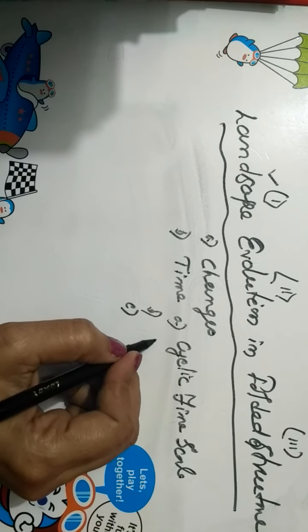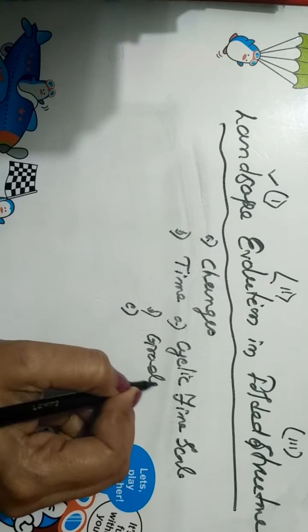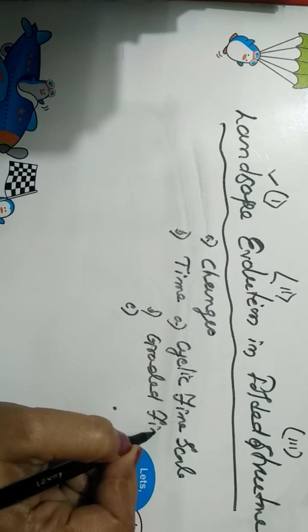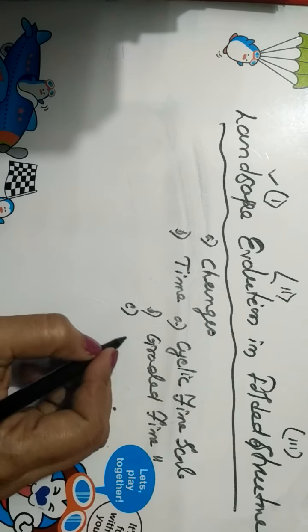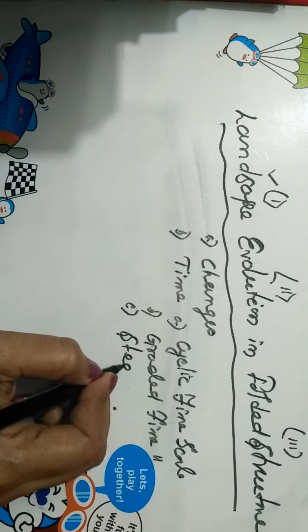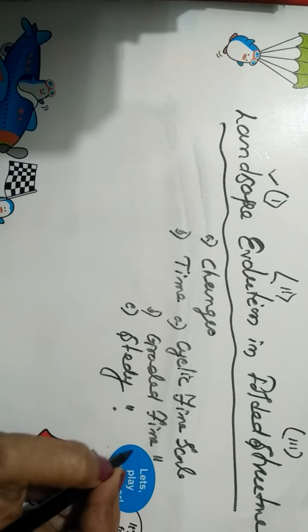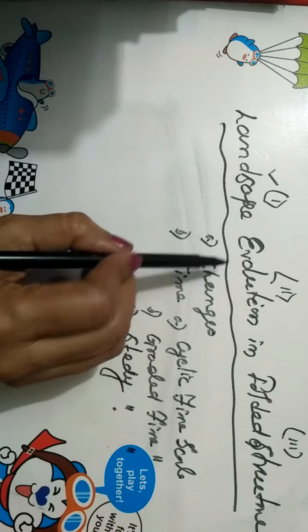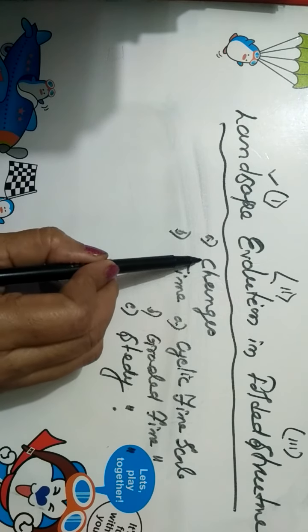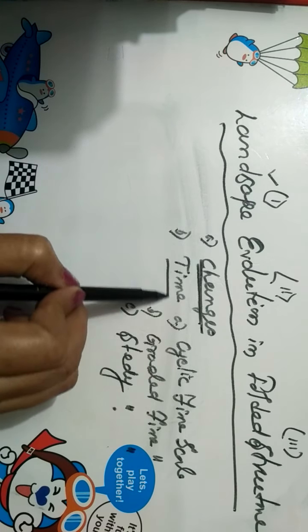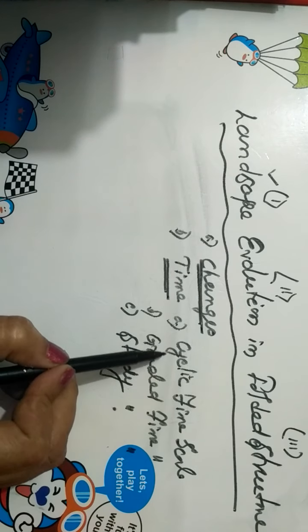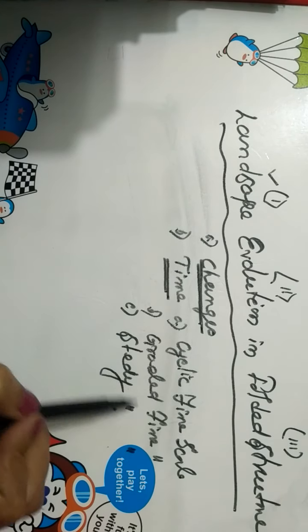Second one is the graded time scale. And last one is the steady time scale. So evolution normally related to the changes through the time. Time scale are three types: cyclic time scale, graded, and steady.